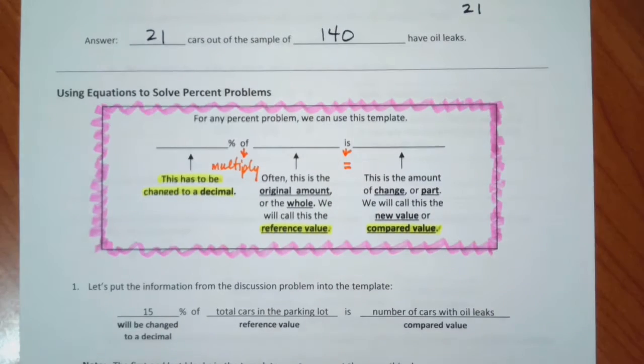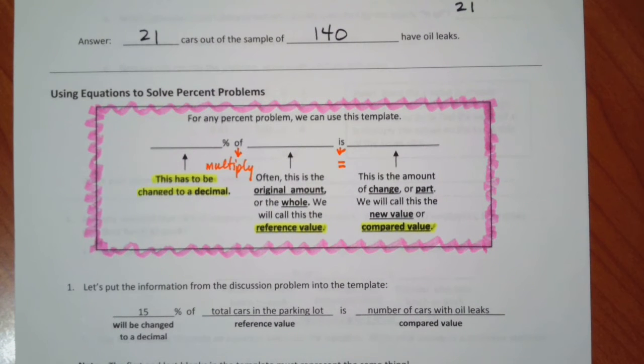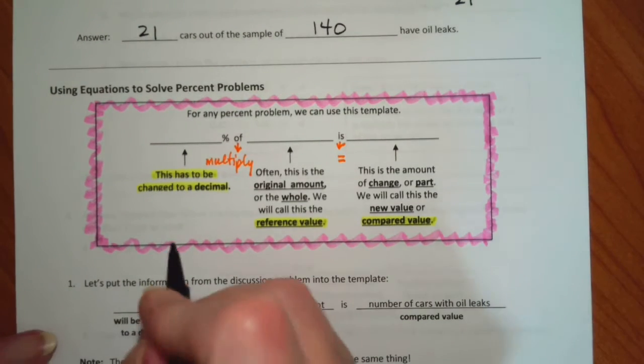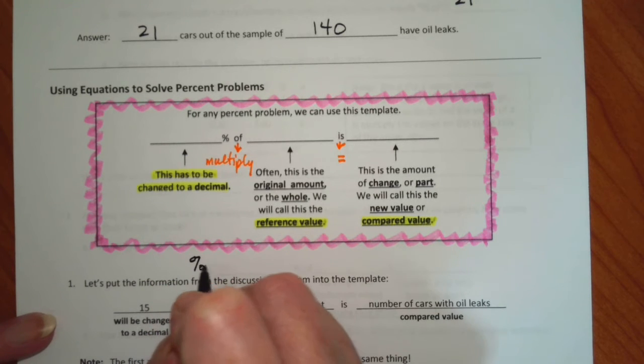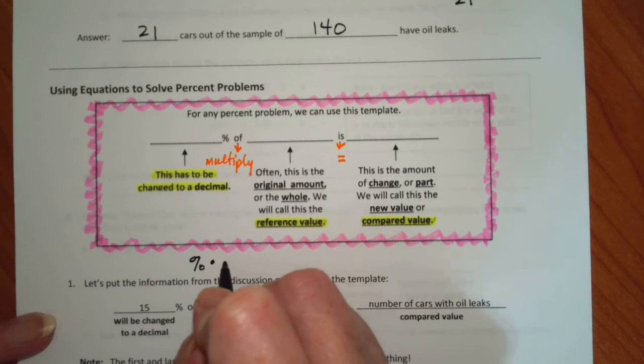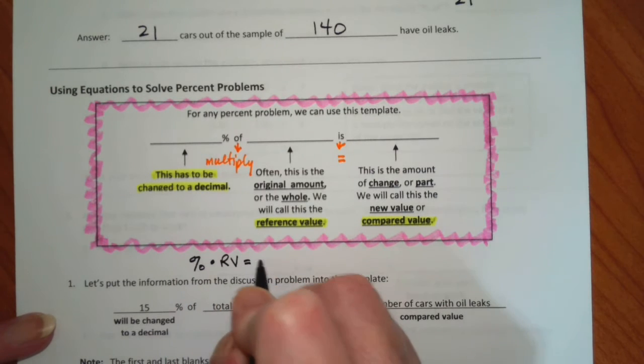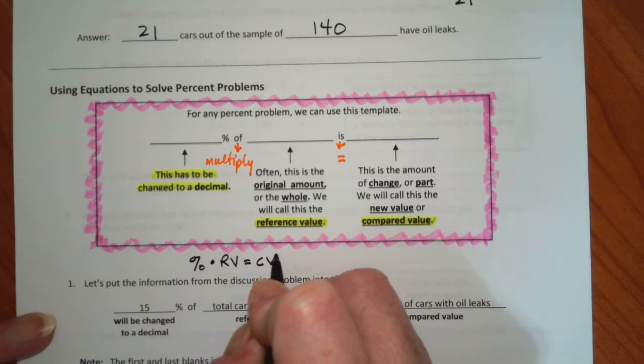Now, a couple of interesting things here. When I take this equation, I am going to pare it down for you just a little bit and make it a little bit more palatable. Okay, I always call this percent times reference value is equal to compared value.